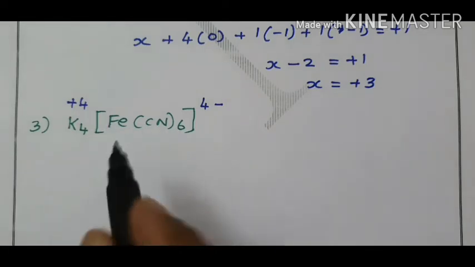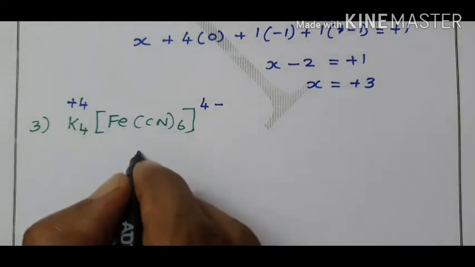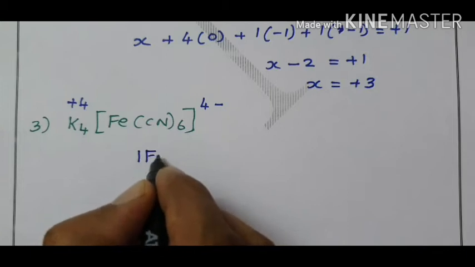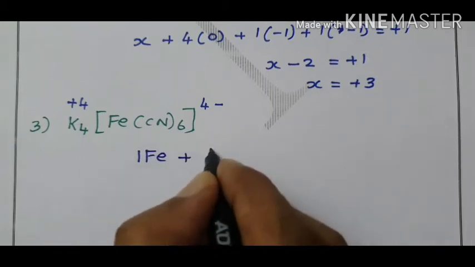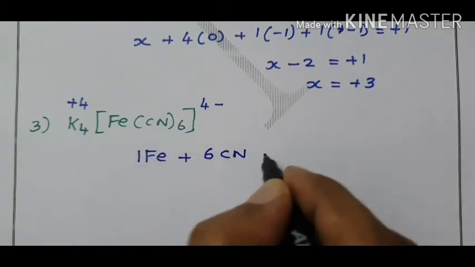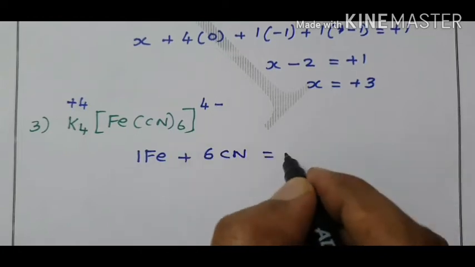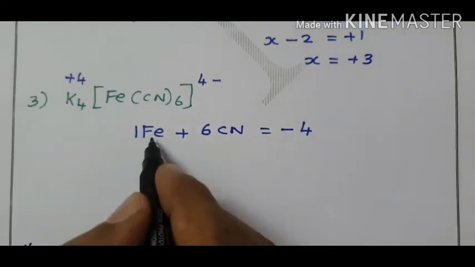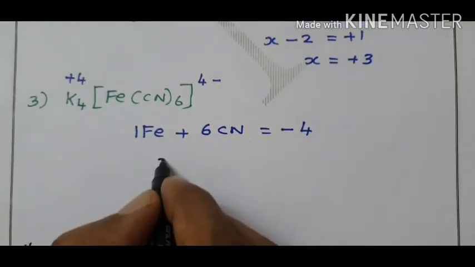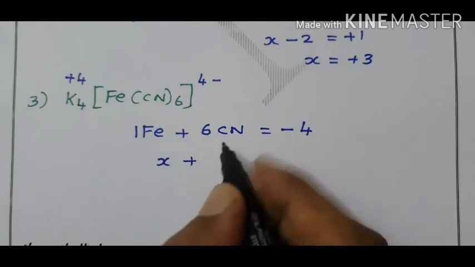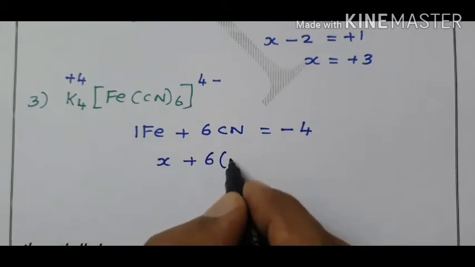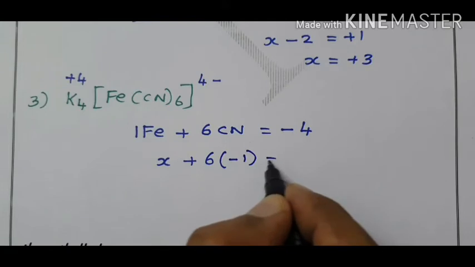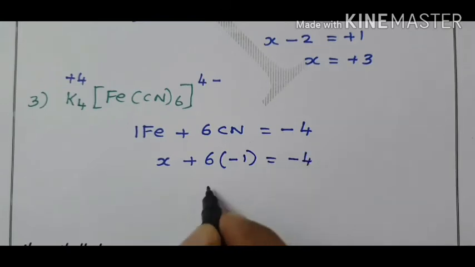Now separate the central metal ion and the ligand. 1 Fe plus 6 CN equal to the charge on the complex, minus 4. Now, iron, we have to determine the oxidation state X. 6 into CN, negative ligand, minus 1, equal to minus 4.